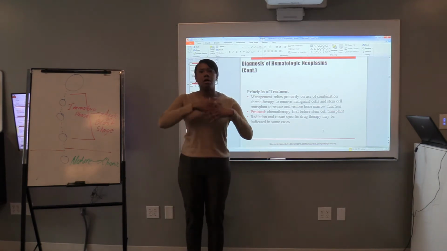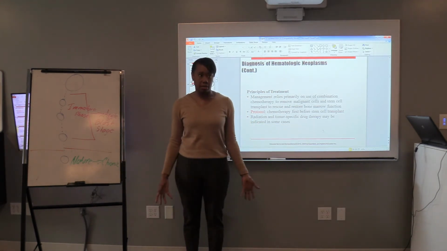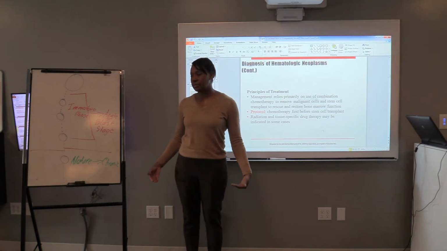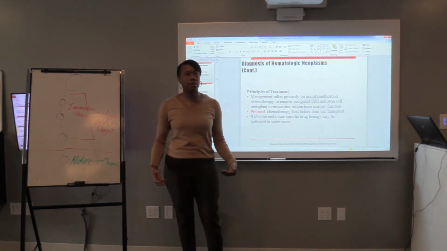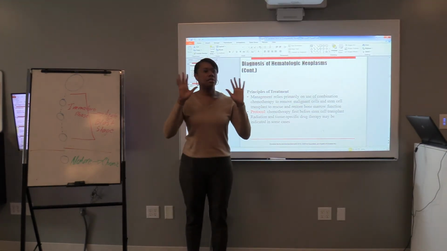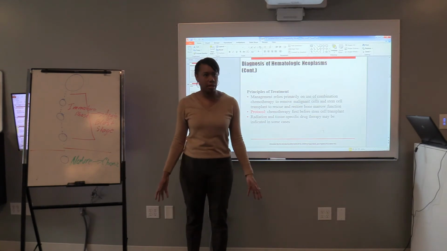This is now a blood cancer that's systemic. So what is the best course of treatment to attack a cancer systemically? It's going to be chemotherapy, okay? Chemotherapy will attack this cancer systemically, okay?